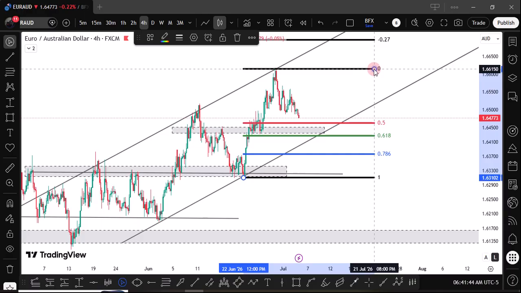The more confluences you see, it will make the setup quality, not quantity. If you don't check all this, you won't have confidence in your setup. So that's why I'm using some tools to confluence this setup, and everything is lining up pretty well.